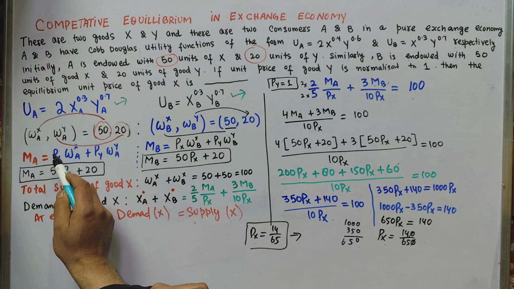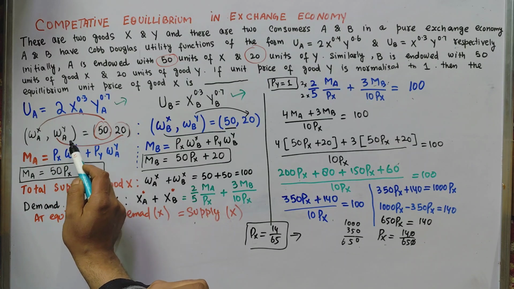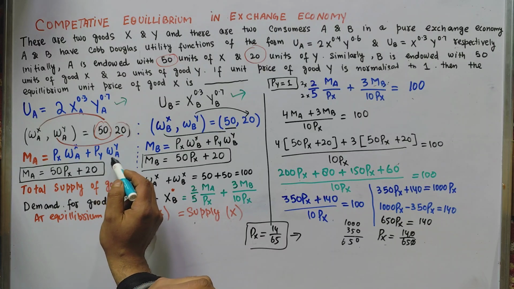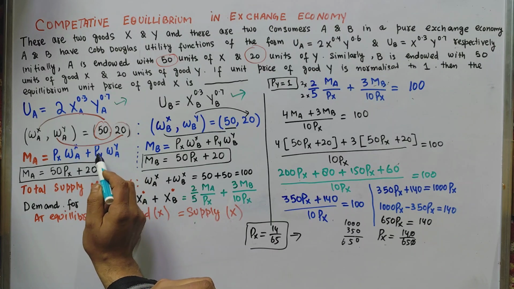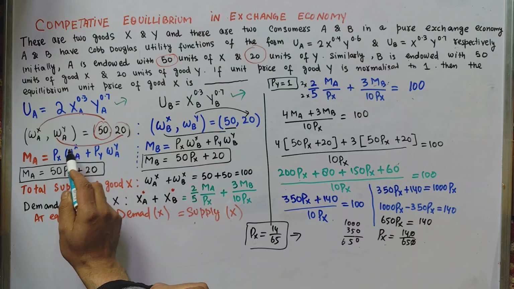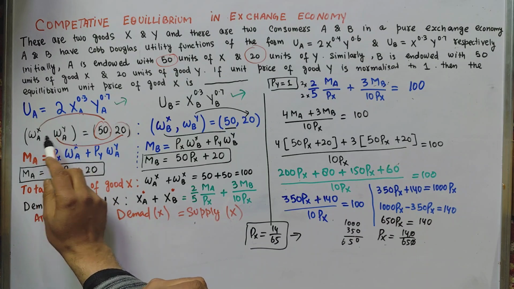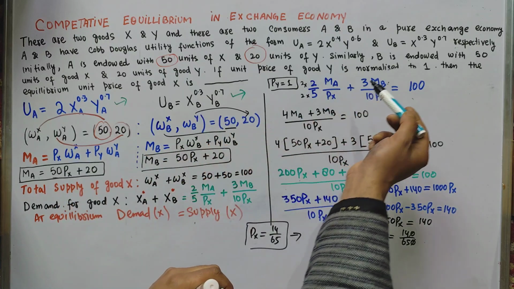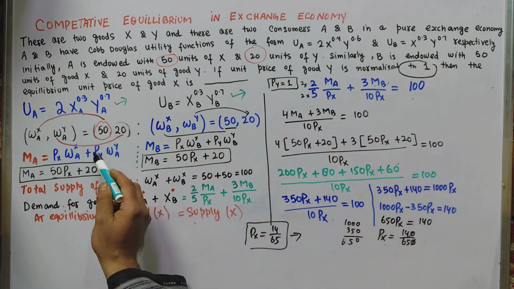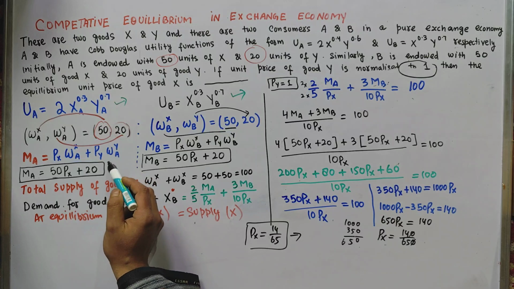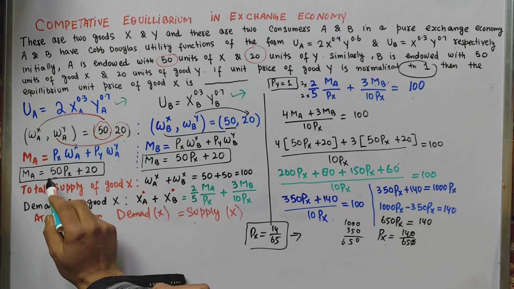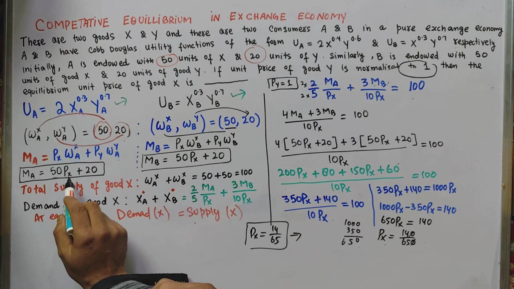That will be equal to price of X times endowment of good X plus price of Y times endowment of good Y held by person A. We are being told WAX is 50, so we write 50 px. Since price of Y is normalized to 1, py is 1, and endowment of good Y held by person A is 20, so we get income of the consumer is 50 times px plus 20.